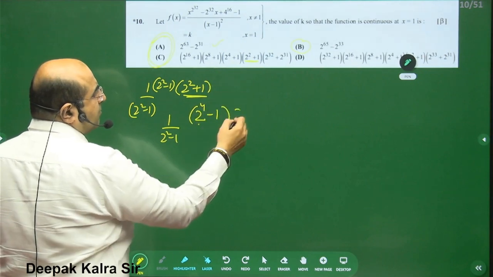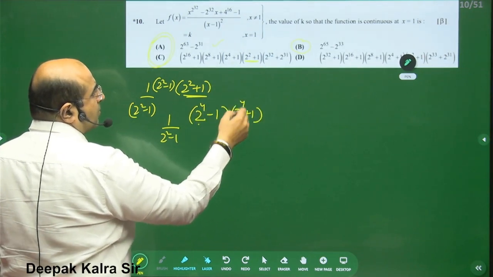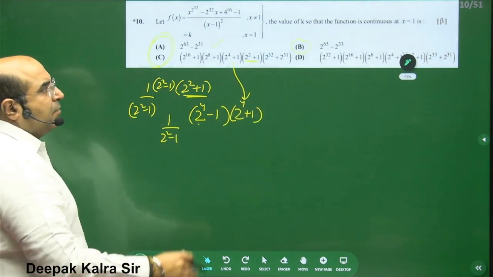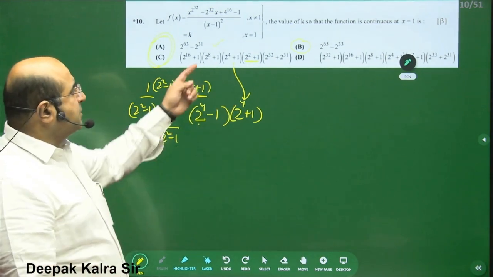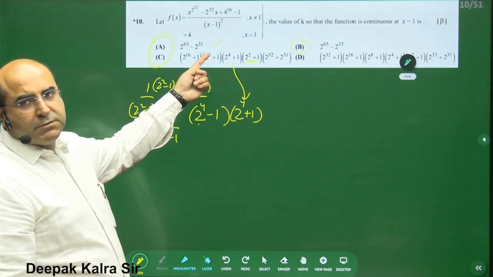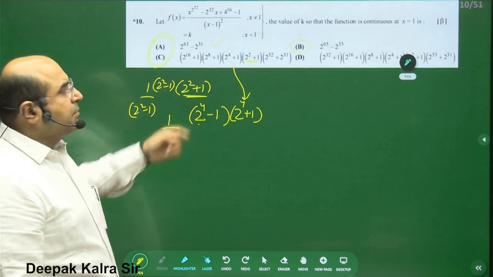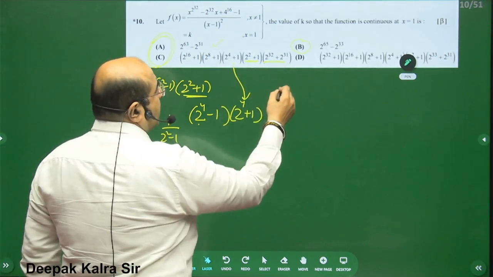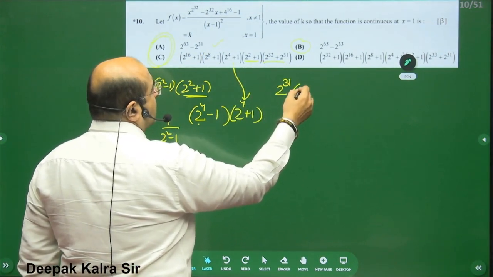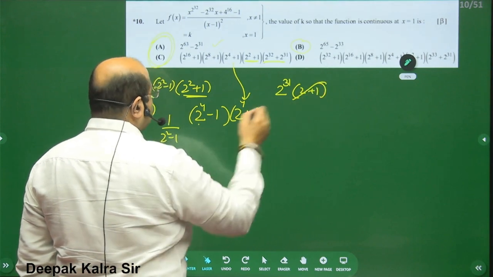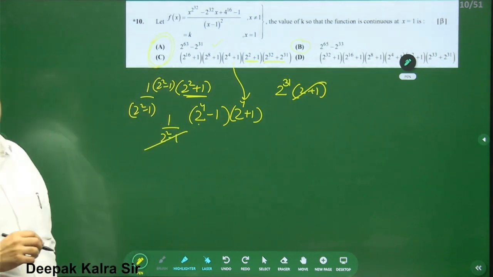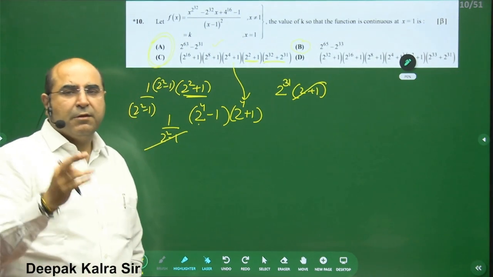And this will eat up this one now. Like this, that will eat up this one. Understand? And this, you can take 2 power 31 common. You have 2 plus 1. 3 will cancel with this. Understood?